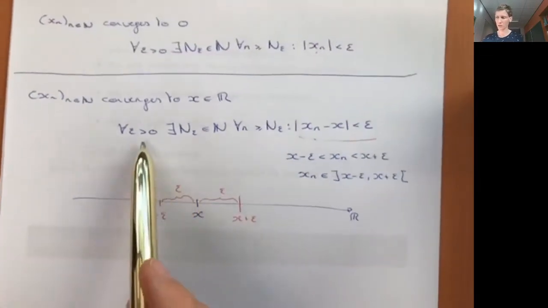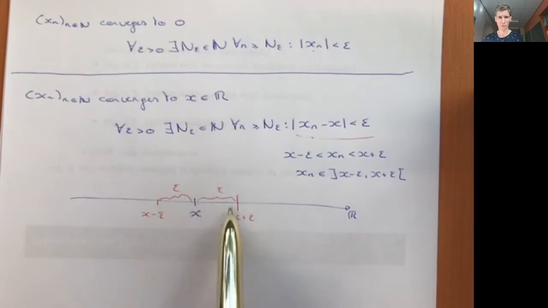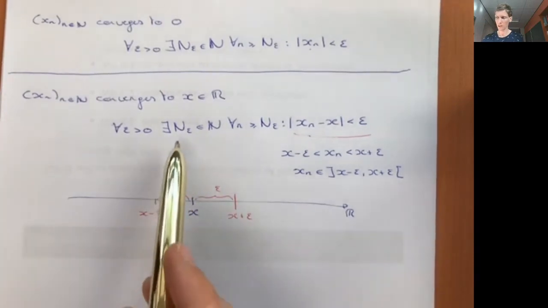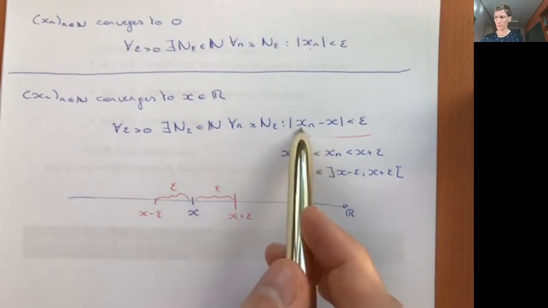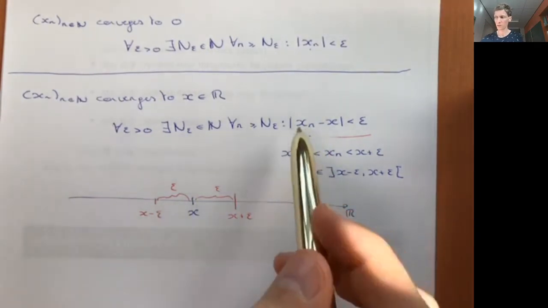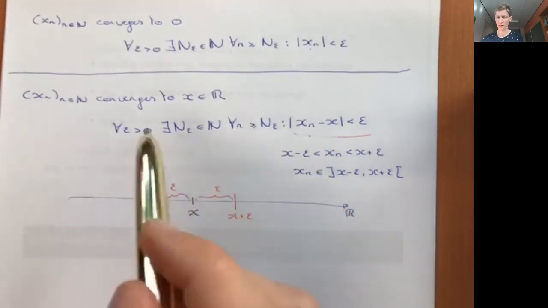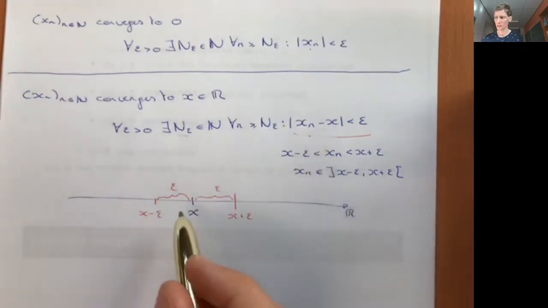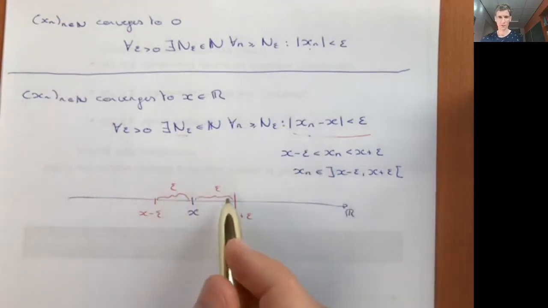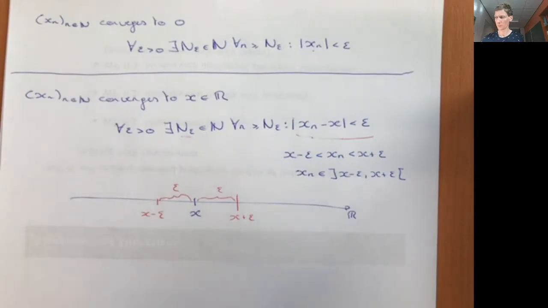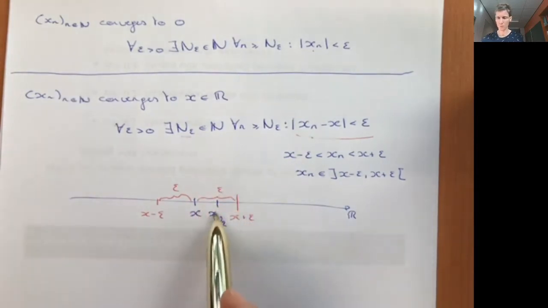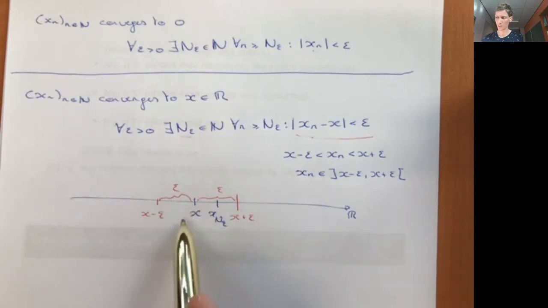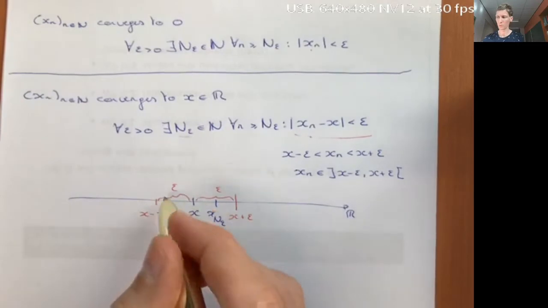So this definition says that for any epsilon, we can draw an interval, and then I have to find the big N, such that for any element in the sequence beyond this big N element, they're all in this open interval. Okay, so x and epsilon might be here, and then every element in the sequence beyond big N element will also be in this interval.